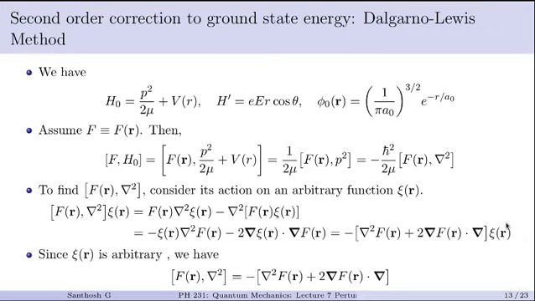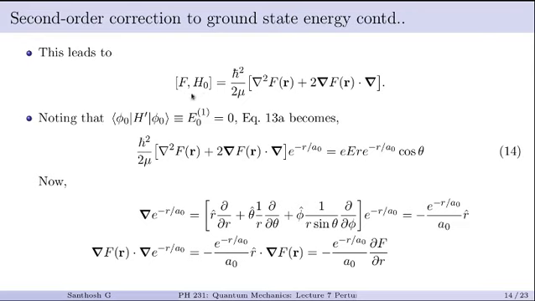Okay, so this can be written in a compact form like this: minus del square f plus 2 times gradient of f dot del, acting on c(r). Since c(r) is an arbitrary function of r, we can write the operator equality. The commutator of f(r) with del square is equal to the expression given in the square brackets multiplied by minus 1.